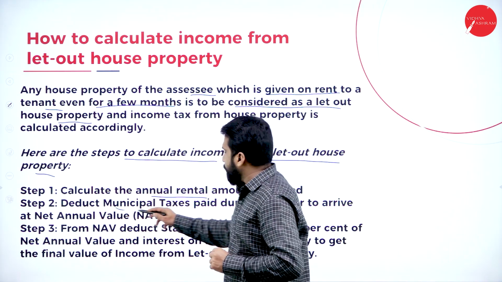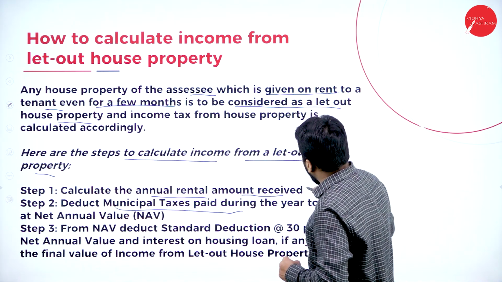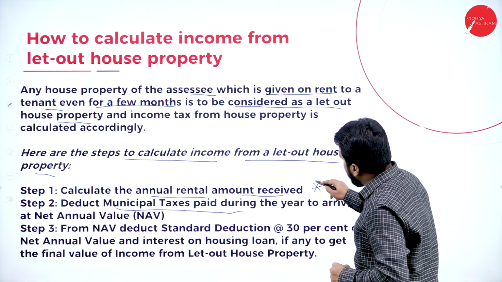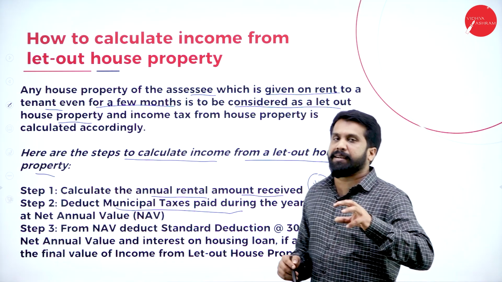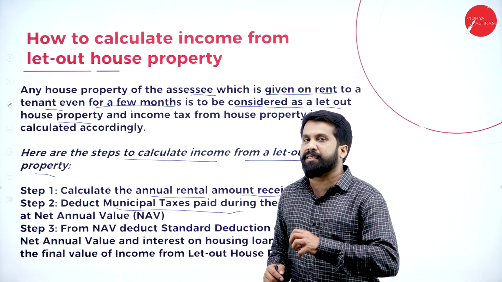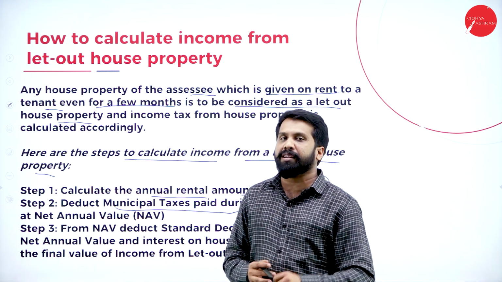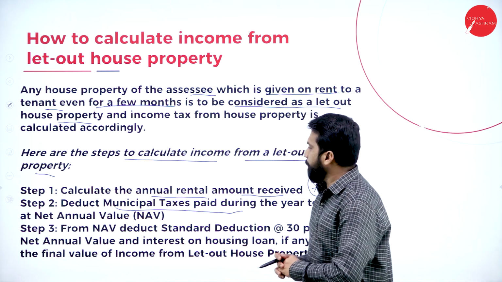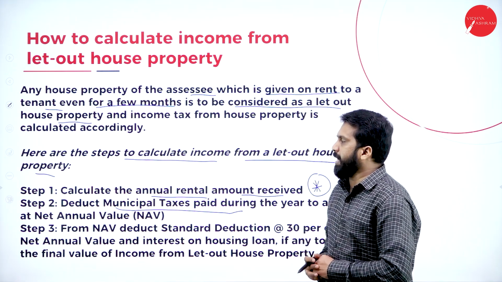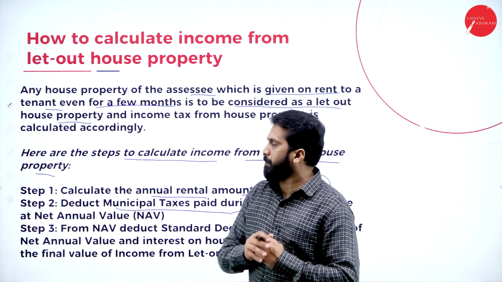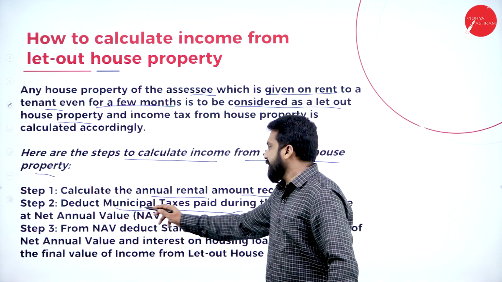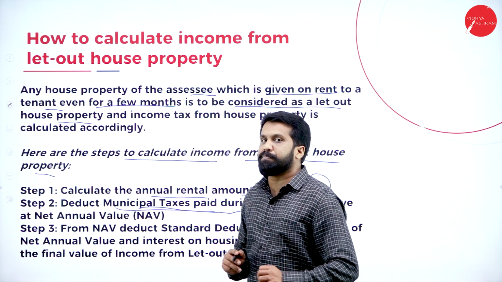Second, deduct municipal tax paid. For this, I'll tell you later because we have a small calculation for this. Whatever the yearly annual rent we calculate now, we have a calculation for that. I'll show you that calculation. Once it is calculated, like you got 1 lakh or 2 lakh, from that you are supposed to minus municipal tax paid.